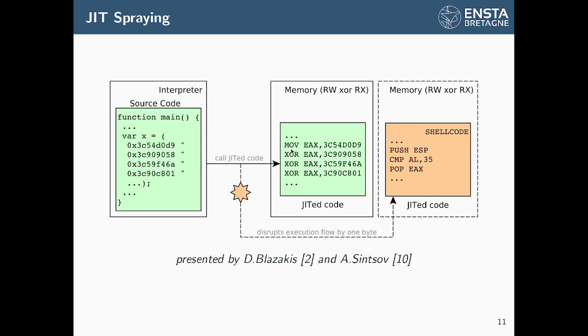For example, it would give move EAX, then the constant, and then XOR the other ones. And the idea is to disrupt the execution flow by 1 byte. This means shifting the whole instruction flow, shifting the PC, so the program counter, by 1 byte, so that you have new instructions that will be revealed and executed.